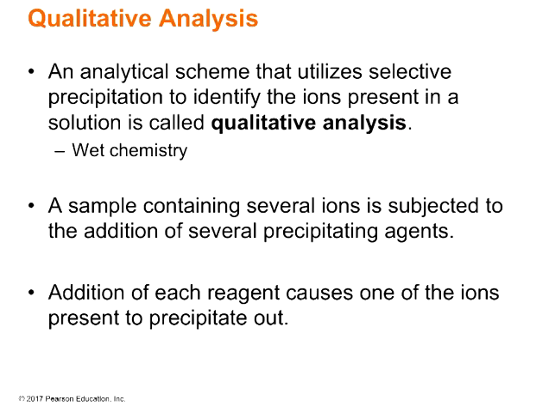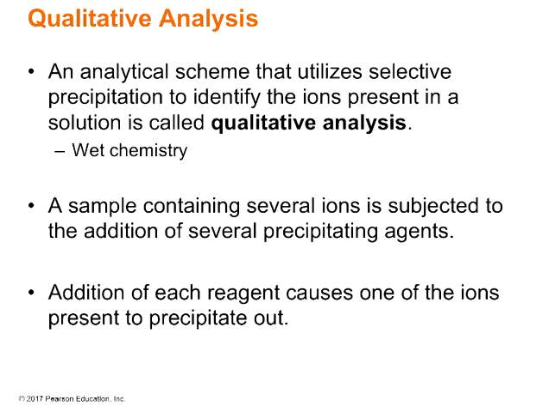So we can use this in a process called qualitative analysis. And this is also called wet chemistry because you're using a lot of different solutions. So an analytical scheme that utilizes selective precipitation to identify the ions present is called qualitative analysis.